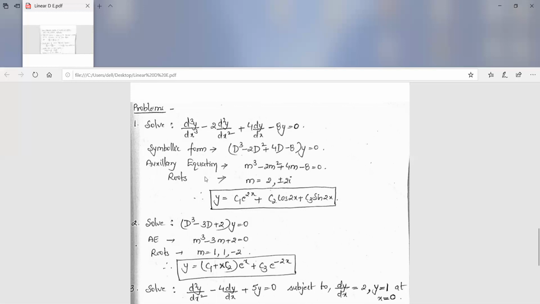Then we have to write the auxiliary equation, by converting D equal to m. Now we have the auxiliary equation m cube minus 2m square plus 4m minus 8 equals 0. When writing the auxiliary equation, we remove the y part and equate the expression to 0 so that we can get the roots of the equation.